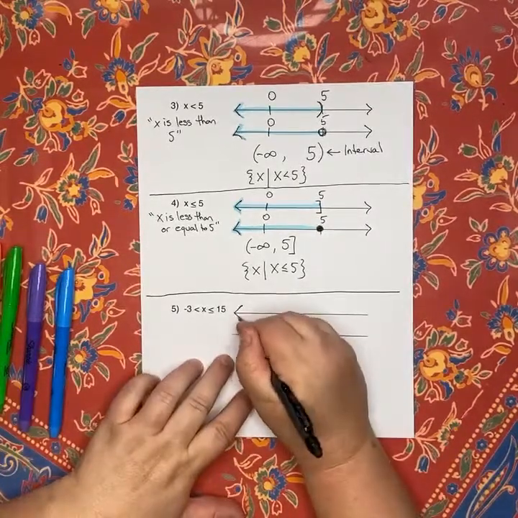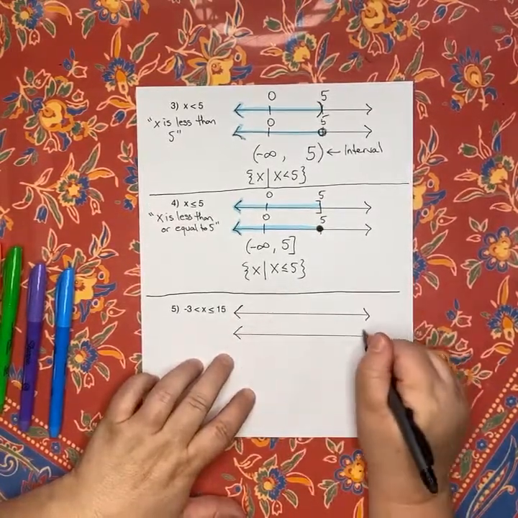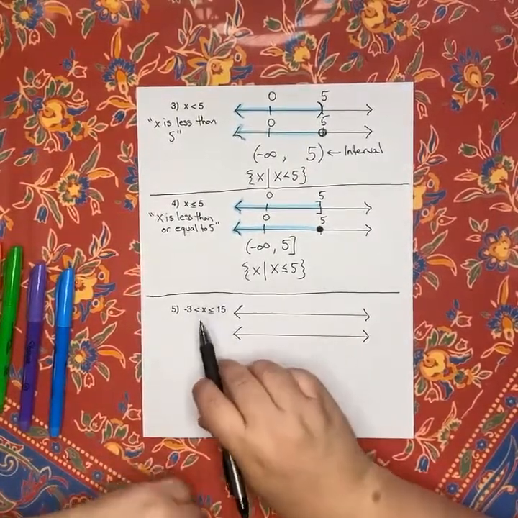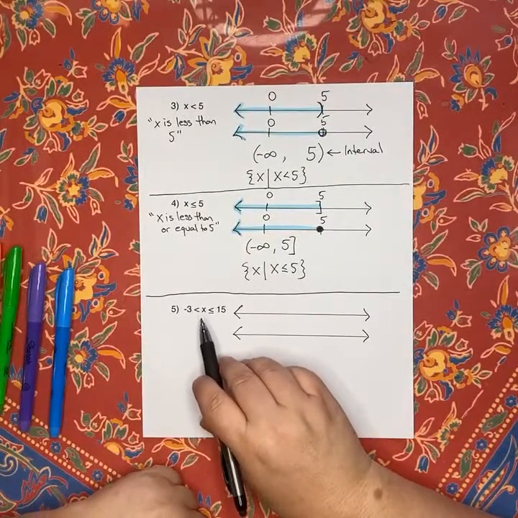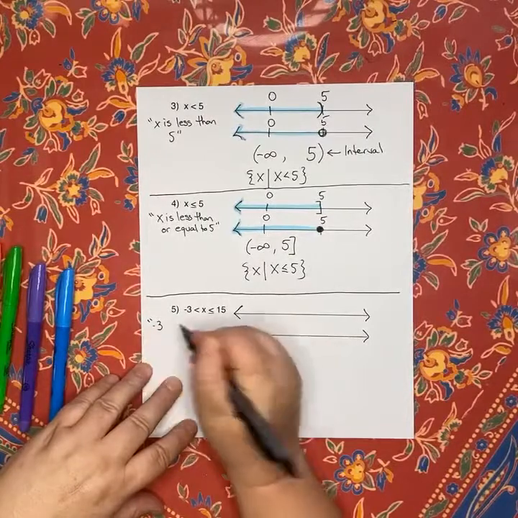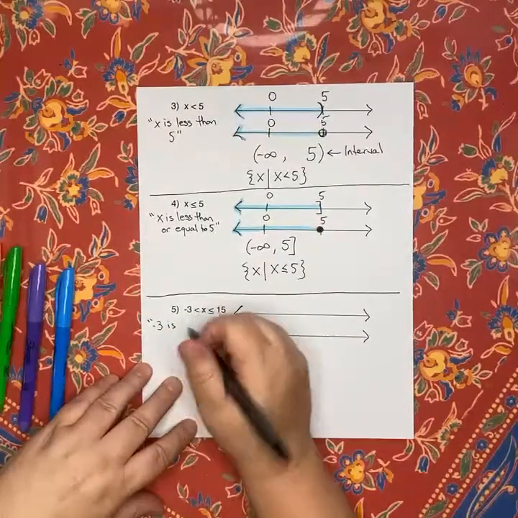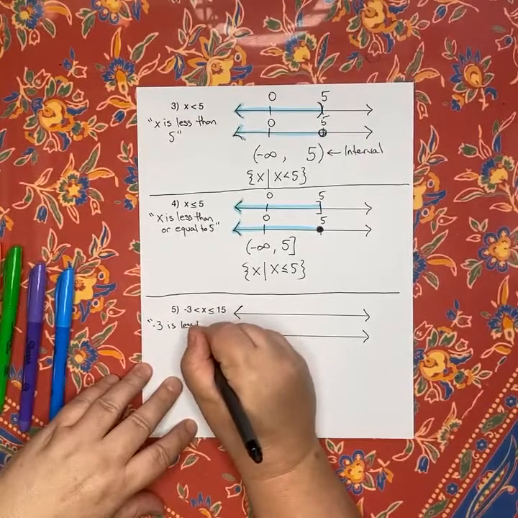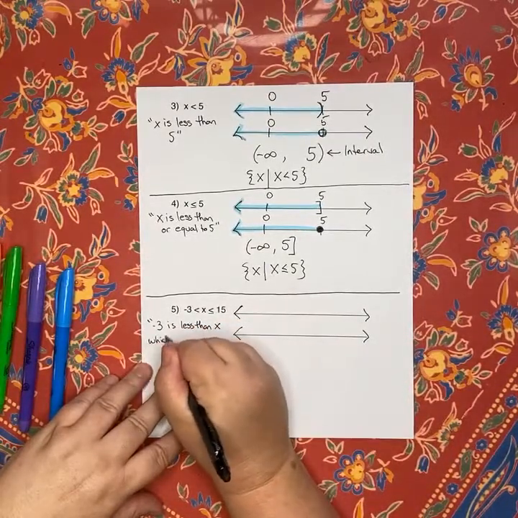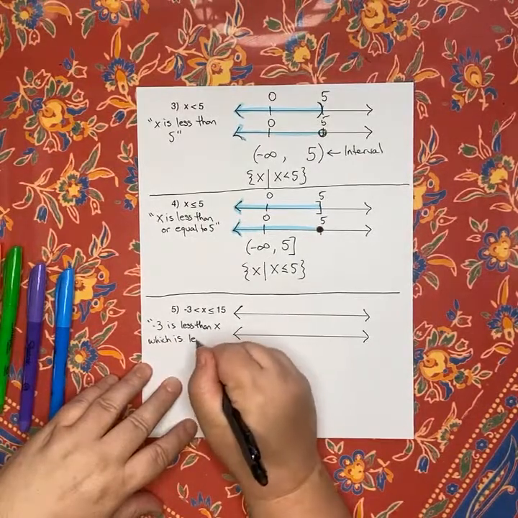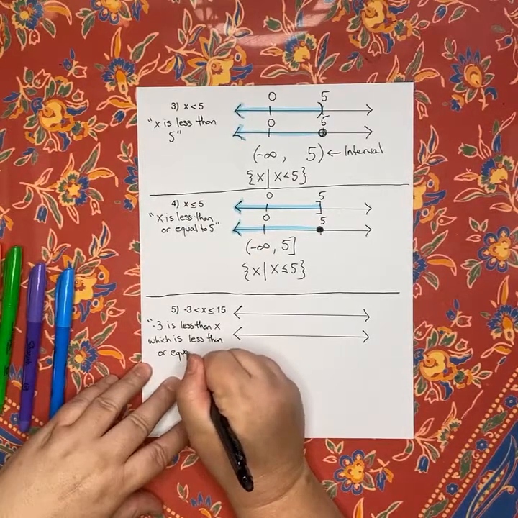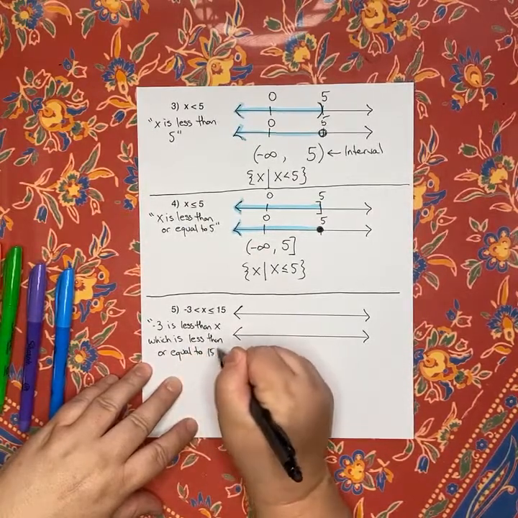Okay. Arrows, arrows, arrows, arrows. Everybody gets an arrow. Now, this one is really hard to say in English. People have different ways of saying it. I say -3 is less than x, which is less than or equal to 15.